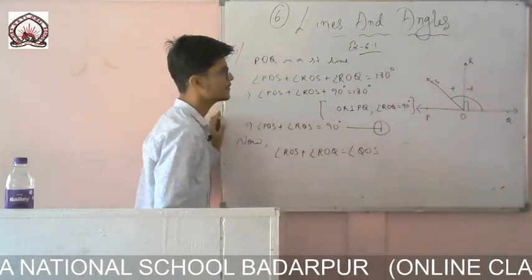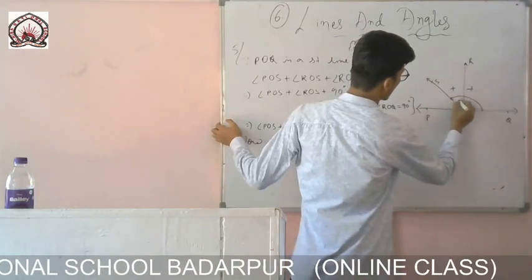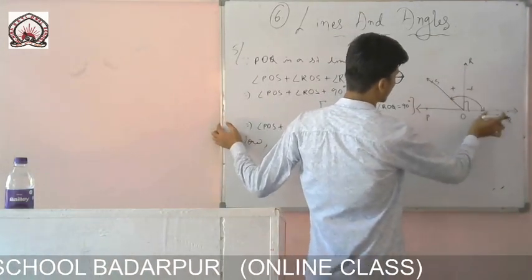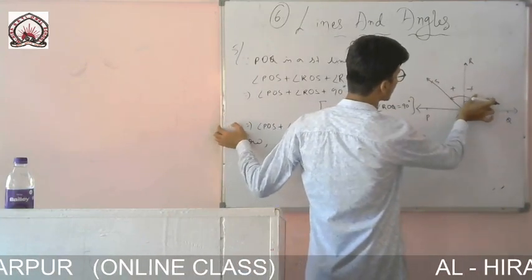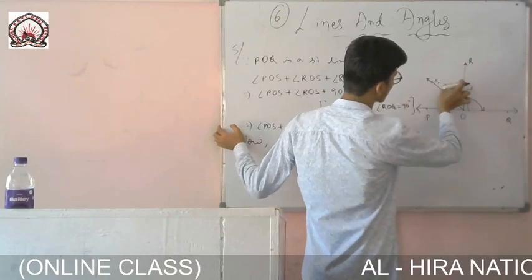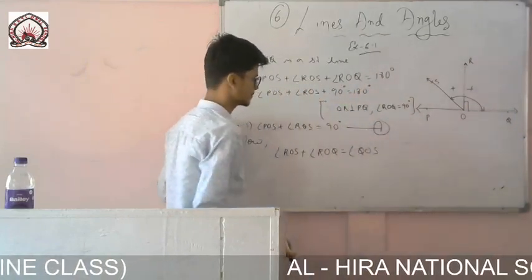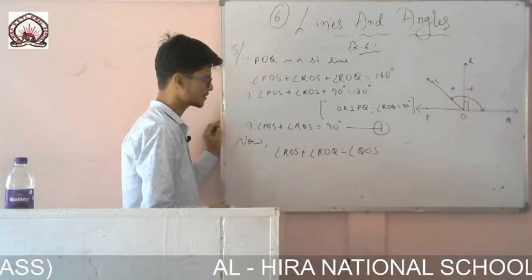What I have written, you see, this whole angle means QOS, and QOS is equal to this one, that is ROQ, plus this one, angle ROS or SOR, whatever you write.